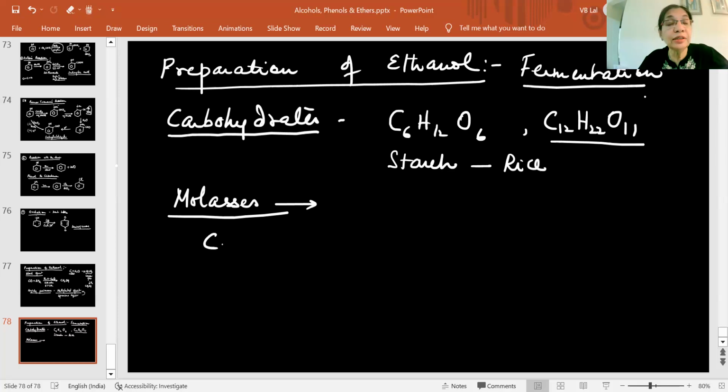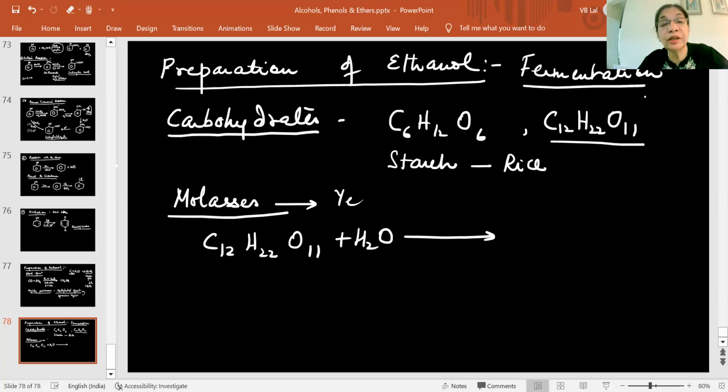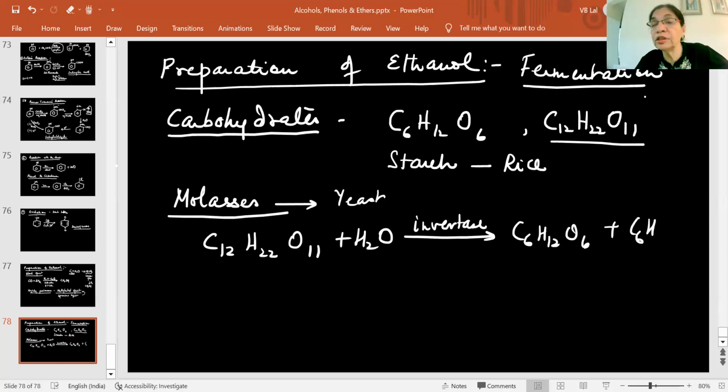So molasses contains C12H22O11, this is sucrose. First, in the presence of water and an enzyme, which is present in yeast, a fermenting agent, yeast contains an enzyme called invertase. Invertase converts sucrose into glucose and fructose, C6H12O6. Glucose and fructose are isomers, so it changes it into a mixture of glucose and fructose.